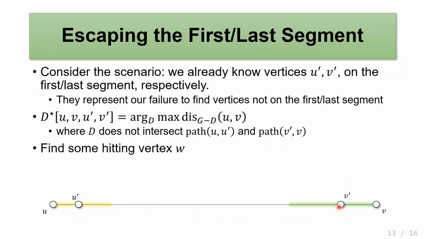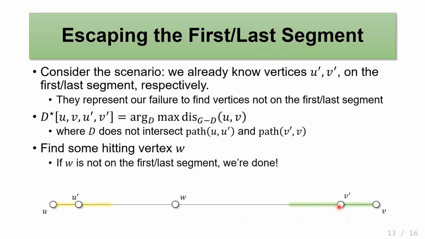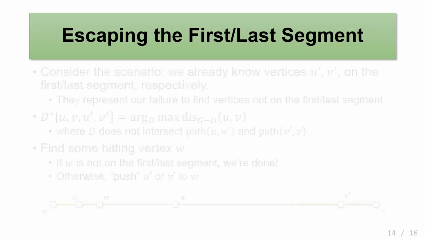So we can find some hitting vertex W from D star. If W is not on the first or last segment, then we are done. Otherwise, let's say W is on the first segment, we will need to push U prime to W.